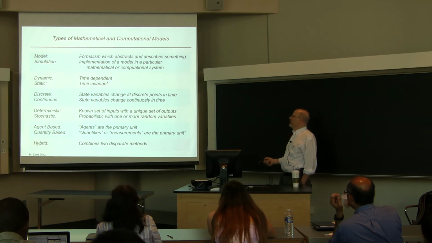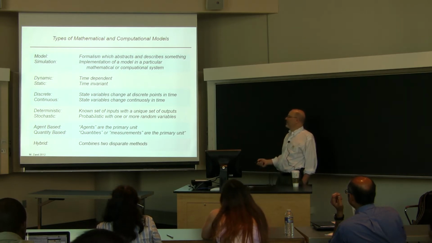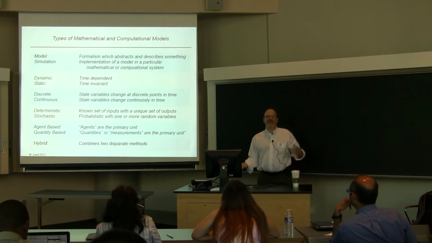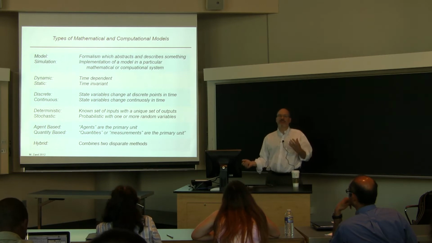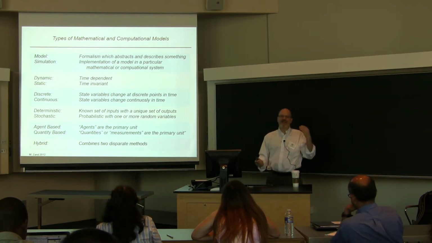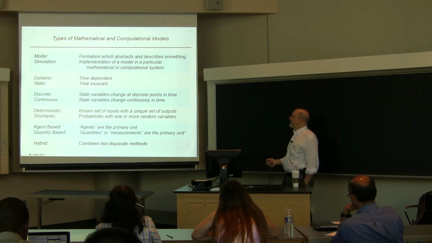In other words, we've got a known set of inputs with a unique set of outputs, or they can be stochastic, which involves probabilistic variables and one or more random variables. By random, the statisticians mean a particular thing. It doesn't mean the variable can be anything and it's just random. It means it has a formal statistical distribution, but the exact value of the variable is confined to that particular distribution. They can be agent-based.